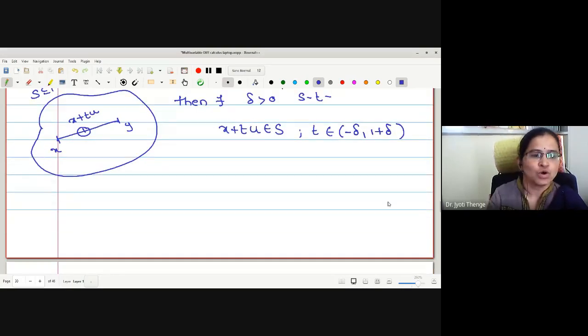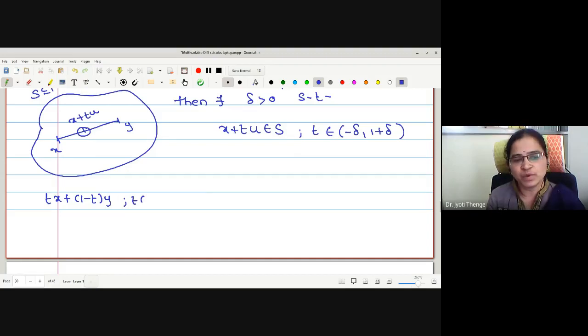Why is this so? Because the equation of the line segment joining the two points x and y, we have already written as tx plus 1 minus t into y, where t belongs to the closed interval 0 to 1. Now here we want to include the two end values of this closed interval 0 to 1.